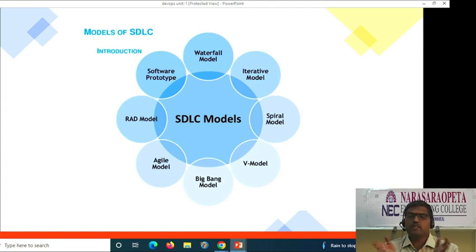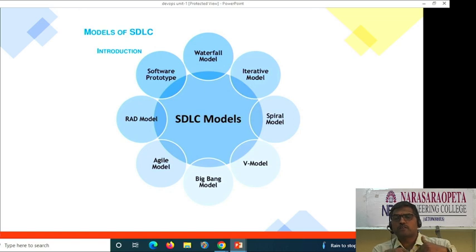The very first model is called the waterfall model. Another name for the waterfall model is the linear sequential model. Why is it a linear sequential or waterfall model?